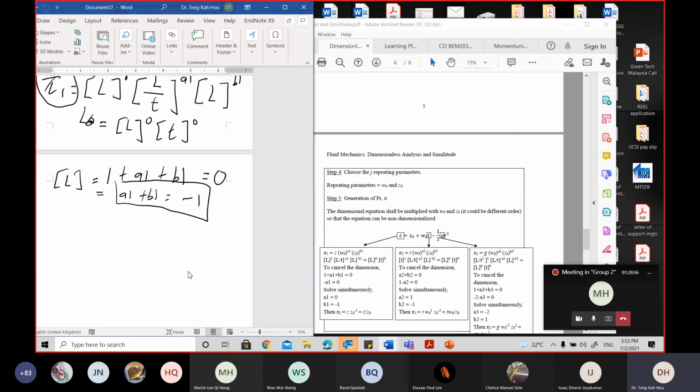And from the T, I know that T to the negative A1, why negative? Because it's L over T, right? So the power should be negative A1 equal to 0. That means my A1 value is 0, so my B1 value is equal to -1. Solve simultaneously for these two equations, and then you get A1 equal to 0, B1 equal to -1.